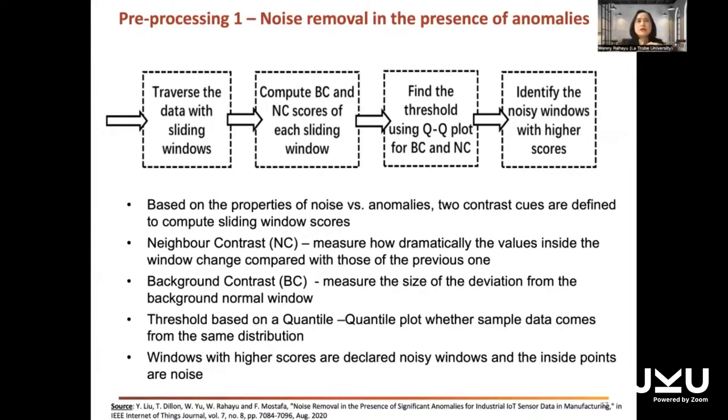So we identify a threshold based on the normal behavior of that sensor and compare it with this neighbor contrast between the different windows. And the threshold, as I mentioned, is based on the normal distribution of the behavior of that particular sensor in a normal, good condition.